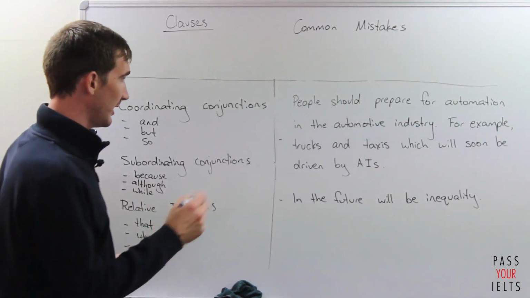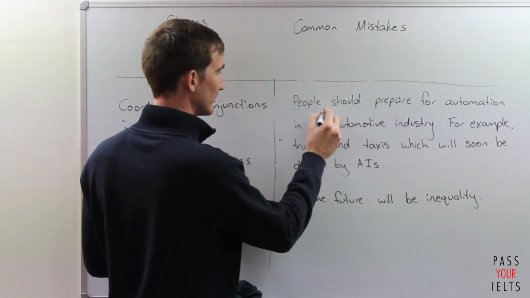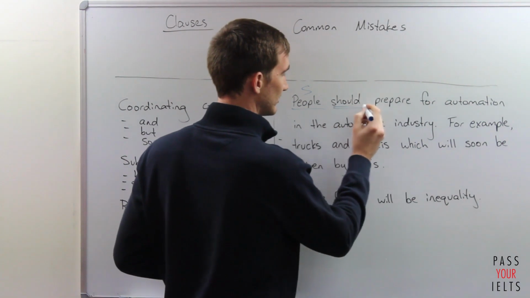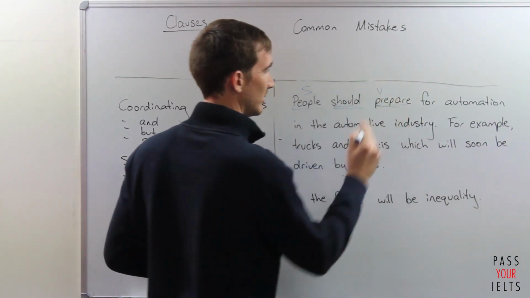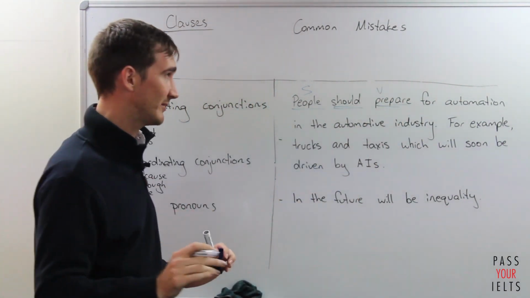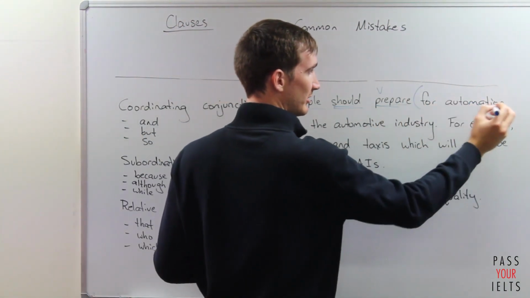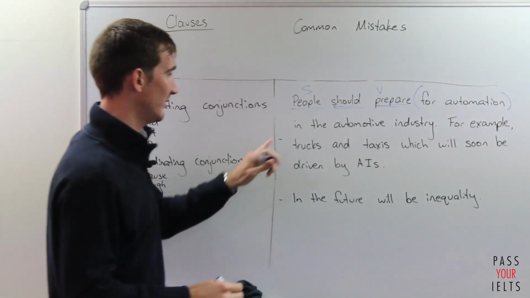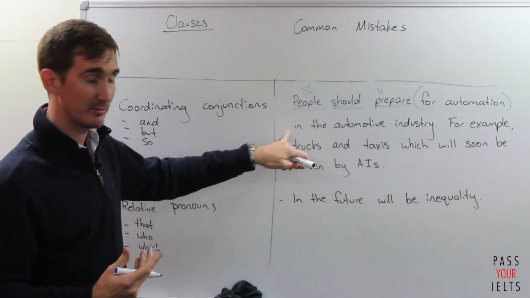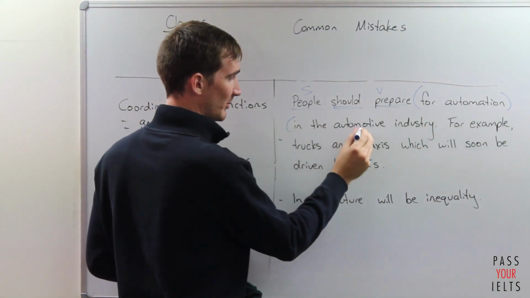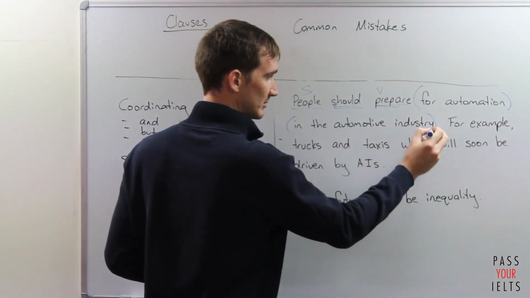Well, let's go through and see what we've got. We've got a subject, people. We've got a verb, should prepare. We've got a prepositional phrase, for automation, for through to noun. What have we got here? Another preposition, go through to noun, in the automotive industry.